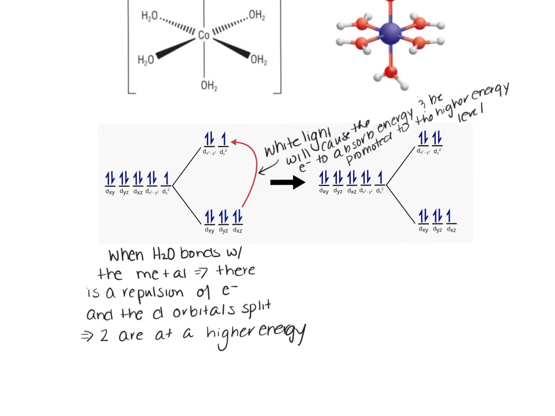And that allows us to see color. Now, why do we see different colors with different metals? Well, the size of the gap between the two energy levels determines the wavelength of light that's absorbed and the color that we see.